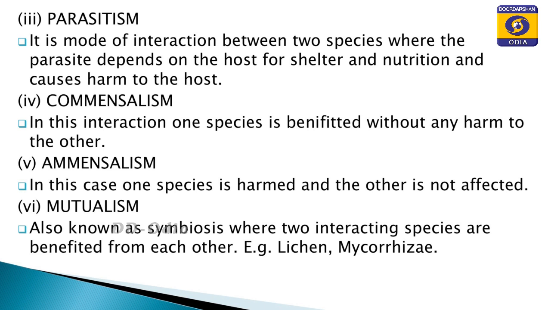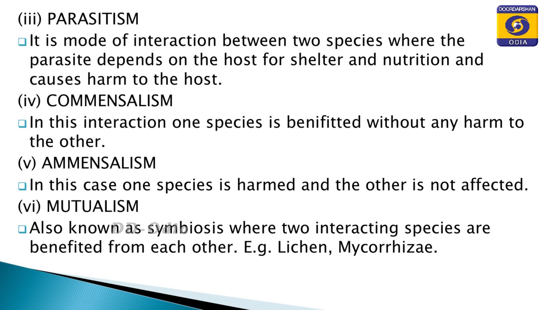Then we shall discuss commensalism. In this interaction, one species is benefited without any harm to the other. You see, on the body of one organism, other organisms may grow, like algae growing on the body of a sea turtle.